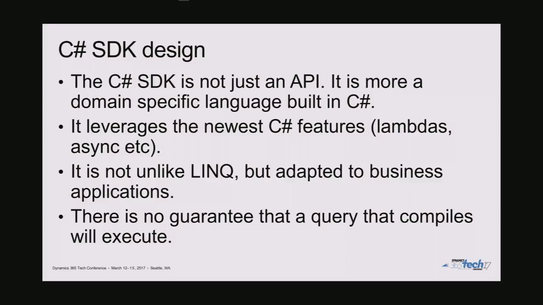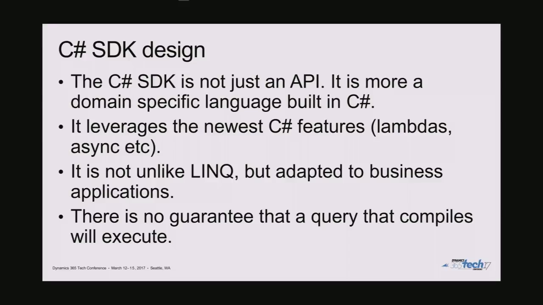That's what we did. And this has some interesting repercussions on how you use it, how you learn it, and how it works. It happens to leverage all the good stuff that C# has to offer today. It uses vars, it uses lambdas, it uses the asynchronous methods facility with await and async and all that stuff.